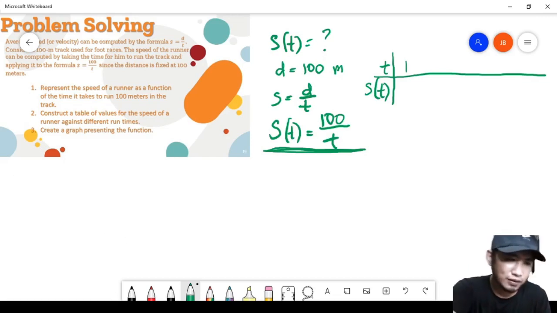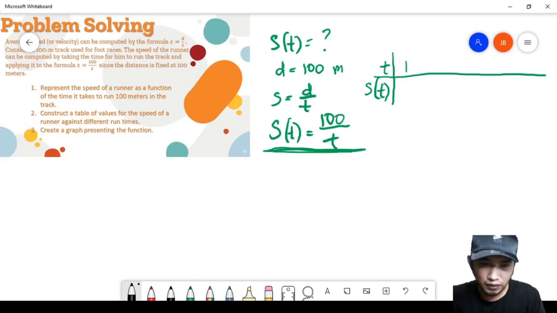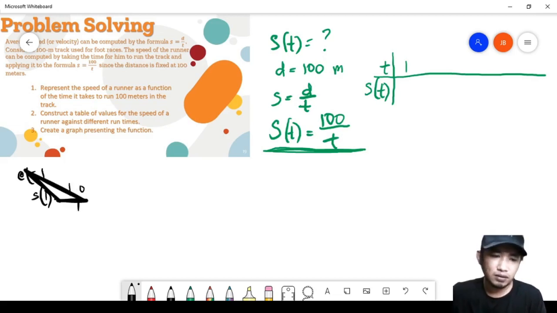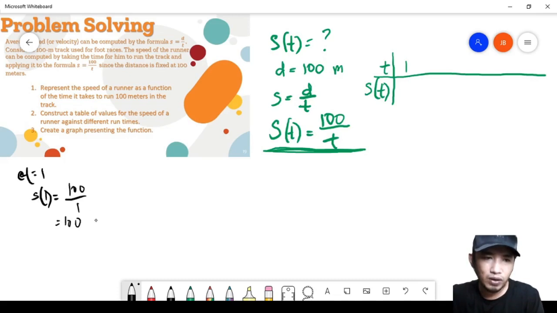Palitan natin ng kulay. At t is equal to 1, our s of 1 is equal to 100 all over 1. And that is simply 100.